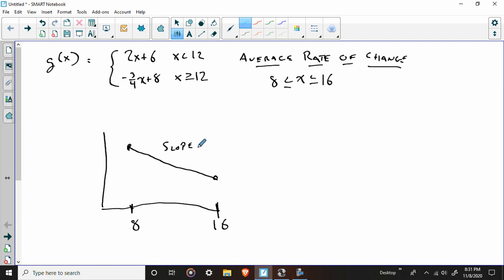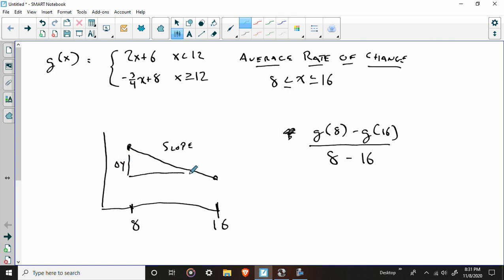Okay? So the fancy way of writing it is it would be something like this. g of 8 minus g of 16 over 8 minus 16. In other words, evaluate the function and subtract the numbers you put in. If you don't remember, that's change in y over change in x.